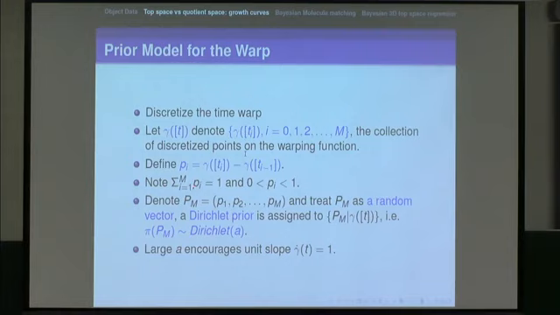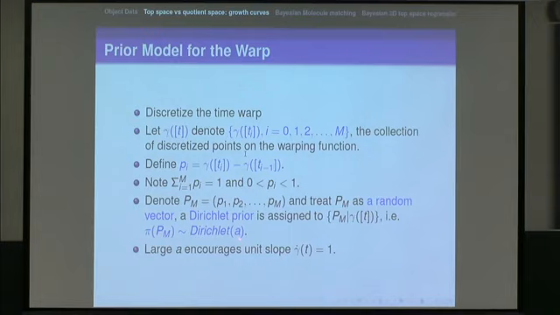So a natural model for this is a discrete probability distribution, which would be a Dirichlet distribution. So we've got a model for the original functions, and a prior model for the warping function.